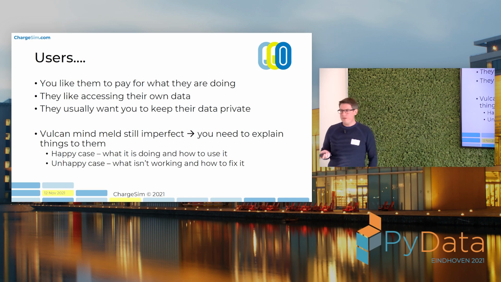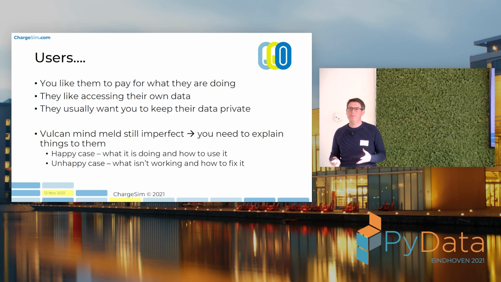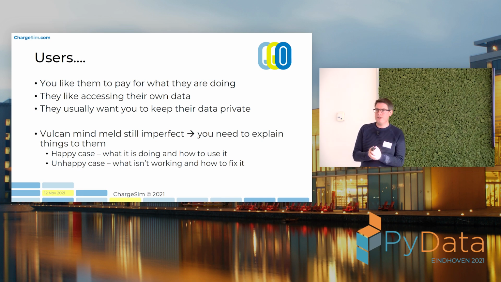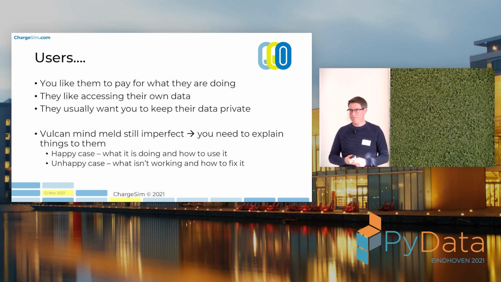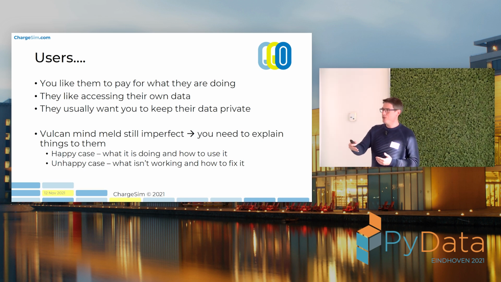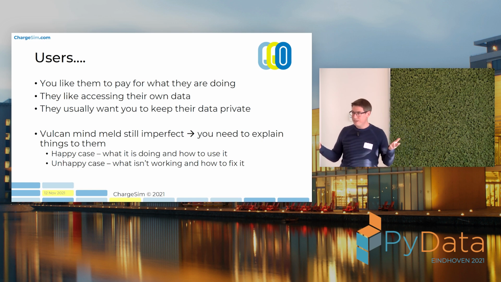So users, unfortunately, add an awful lot of requirements to your system beyond just a Python script, for instance, that you can run on your own desktop. Because users have these weird expectations, like you want to make sure that the right person is using it and that they have perhaps even paid you to do this. You don't want it open for everyone unless you're deliberately doing open source, for instance.